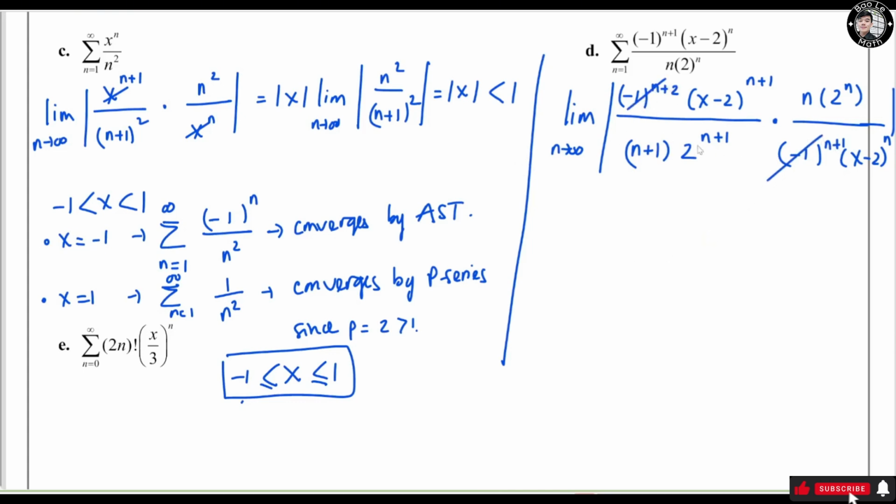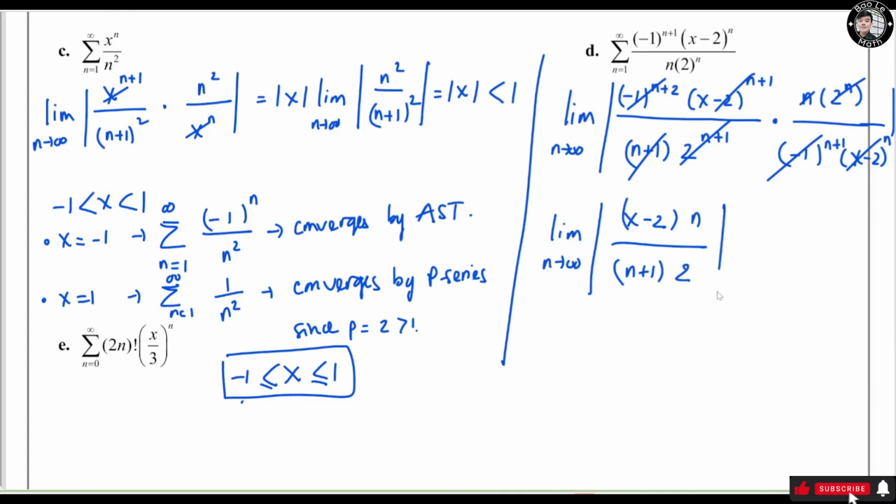So when you take the absolute value of -1, it's going to be 1. Now this cancels out, you have s minus 2 on the top. So we have the limit when n approaches infinity of the absolute value of s minus 2, with n on the top and n plus 1 on the bottom, and 2^n and 2^(n+1), so you have 2 on the bottom.